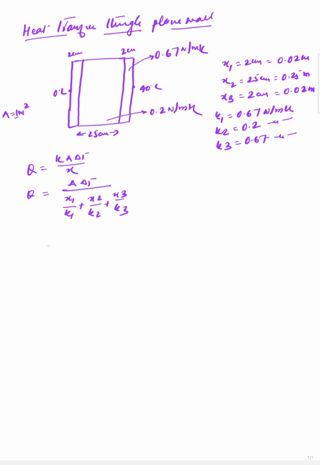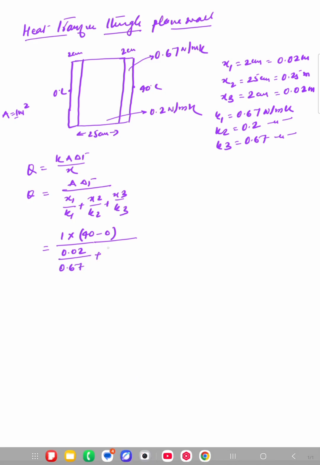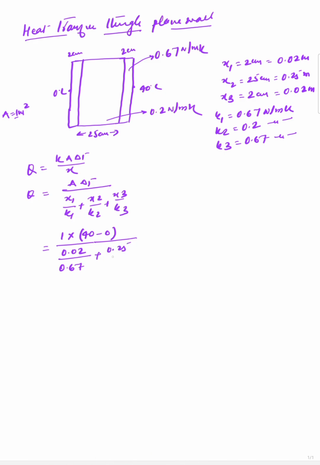So let's add the values in this equation. Cross section area is 1, temperature difference 40 minus 0, and x1 is 0.02, k1 0.67 plus x2 0.25 and thermal conductivity is 0.2, x3 again 0.02 and thermal conductivity 0.67.